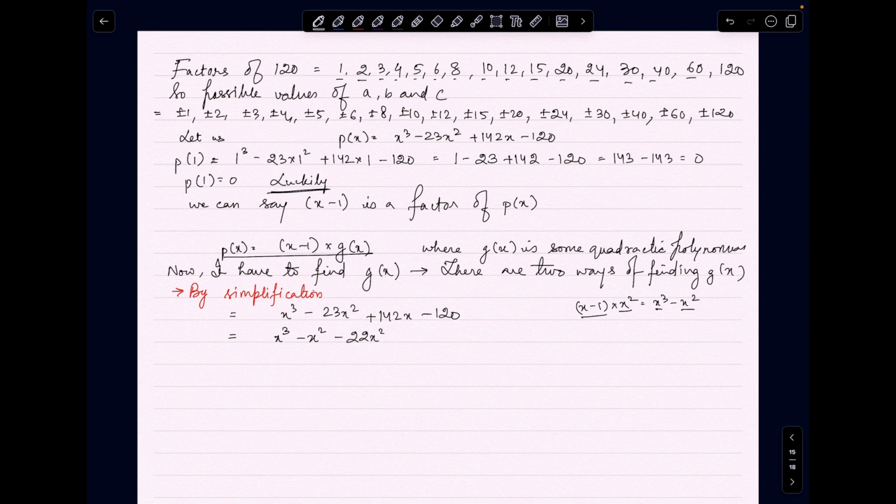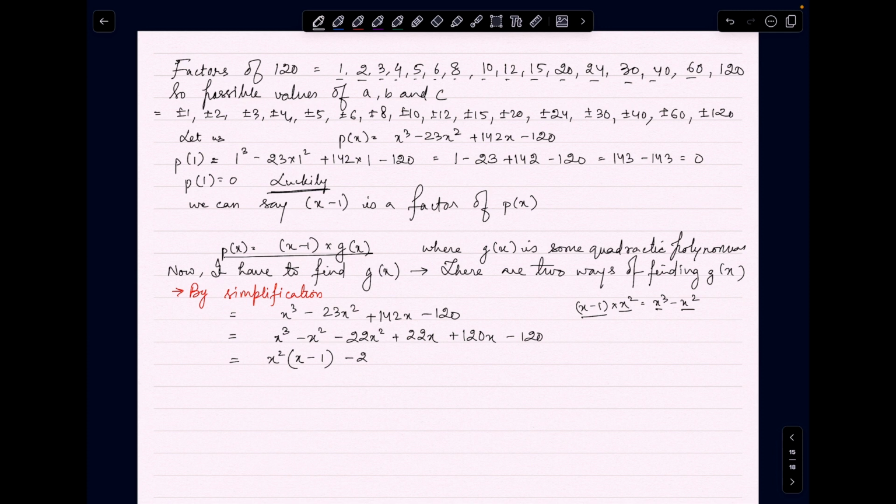I separate 22x here, so I am left with 120x. If I take minus 22x common, I am left with x minus 1. Here I am getting 120x minus 120 as it is. Now x square I take common, and this is left with x minus 1.